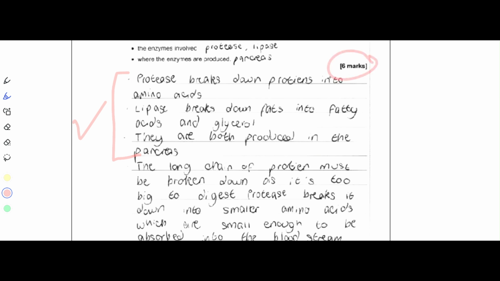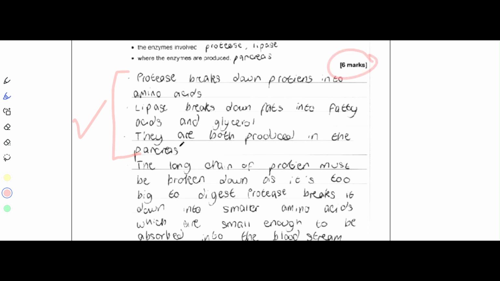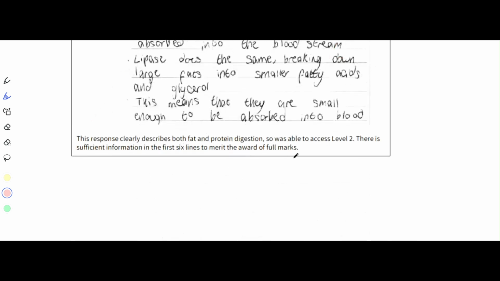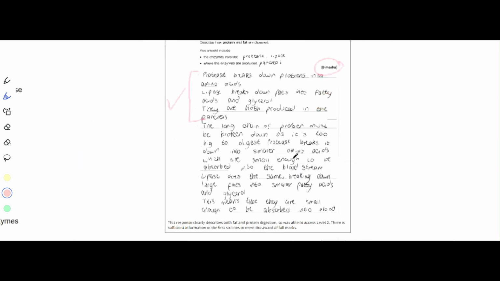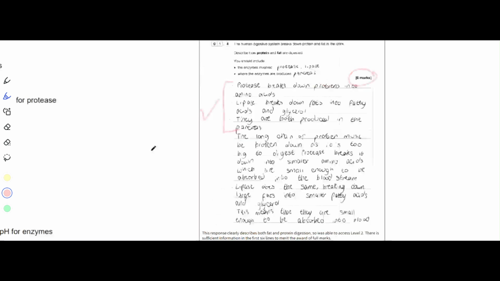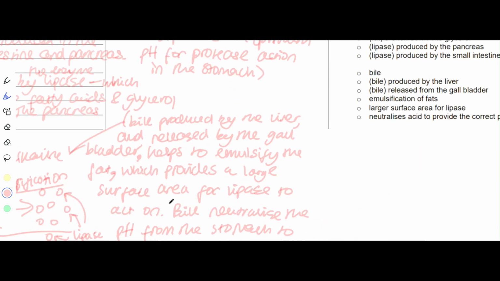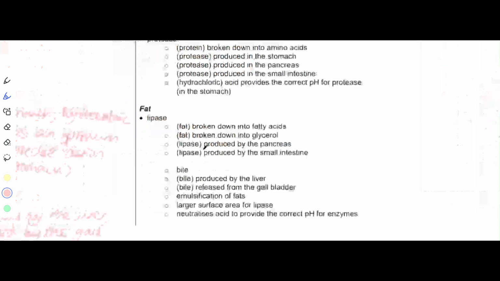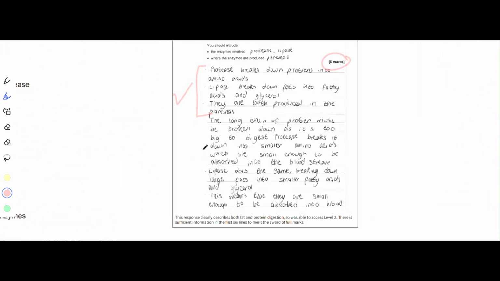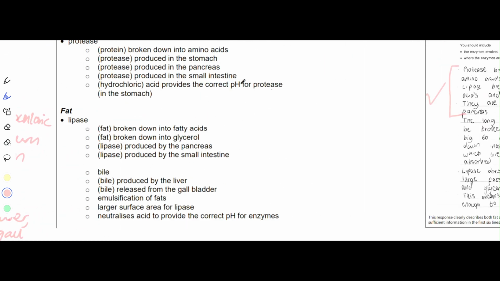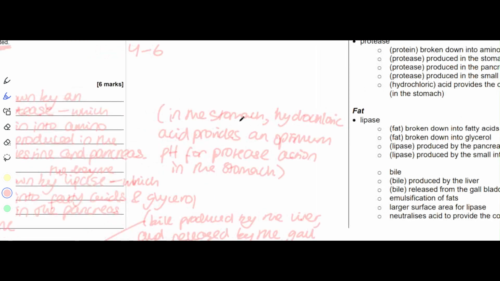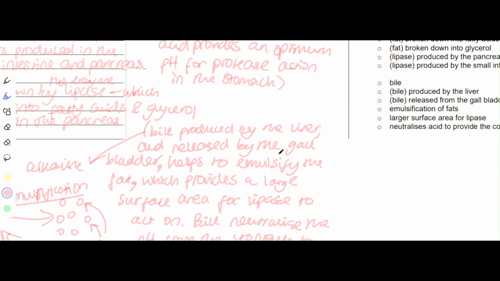So in this case, the student, just by saying this first bit, has got 6 marks. So it's that easy. And then obviously this is all extra stuff. You never know what the question will be like, if they will be very strict or if extra information is needed. So it's always better to be safe and write extra.